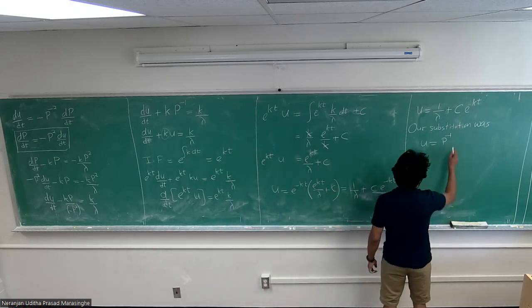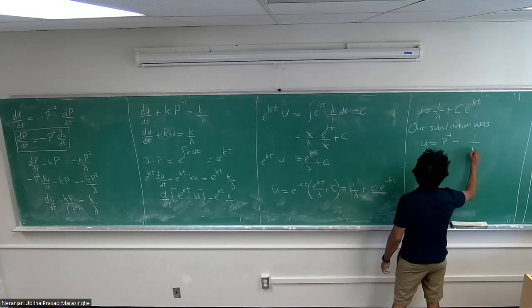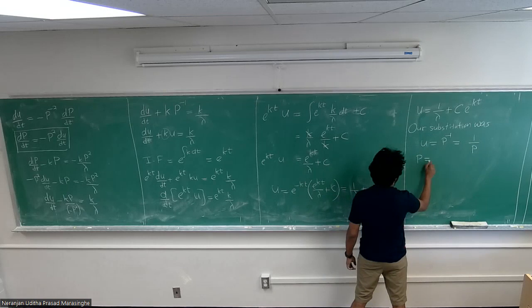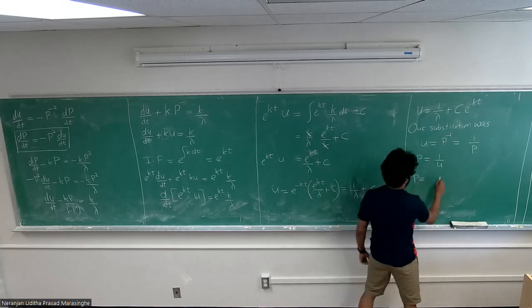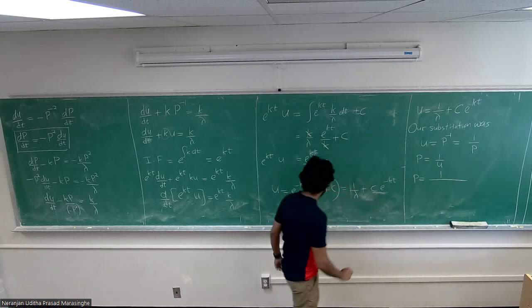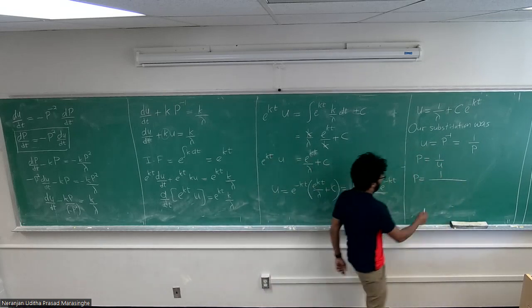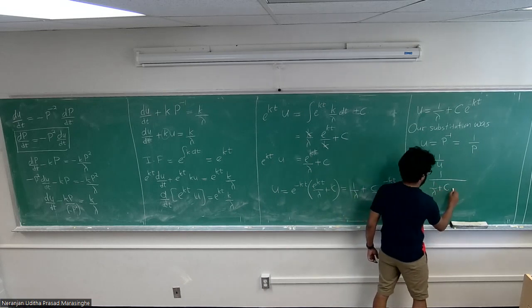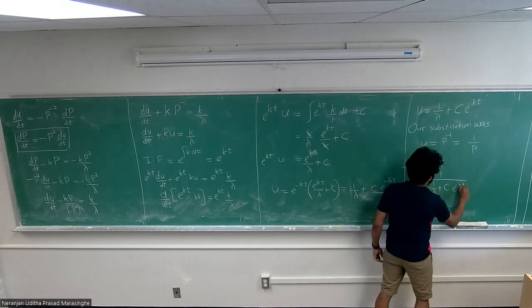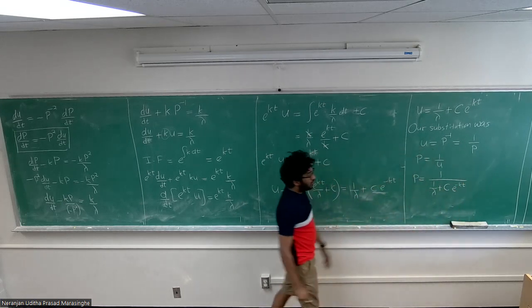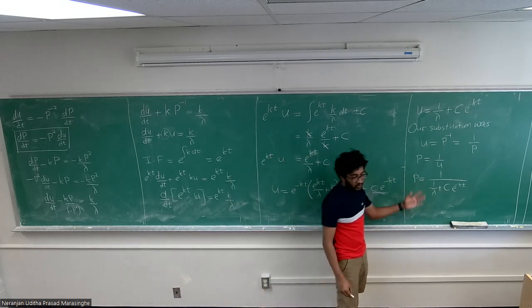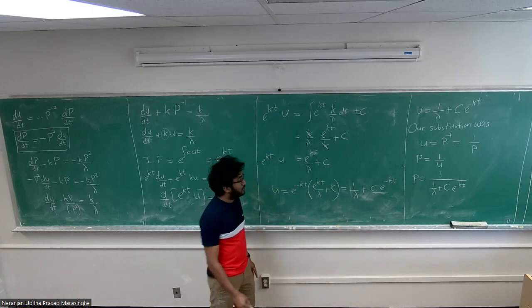Right. So in other words, 1 over p inverse, right? So what is p? p is equal to 1 over u. So p is going to be equal to 1 over u. u is equal to 1 over lambda plus c times e to the negative. This is the solution for the logistic equation, right? p is the population at time t, or population after t years.